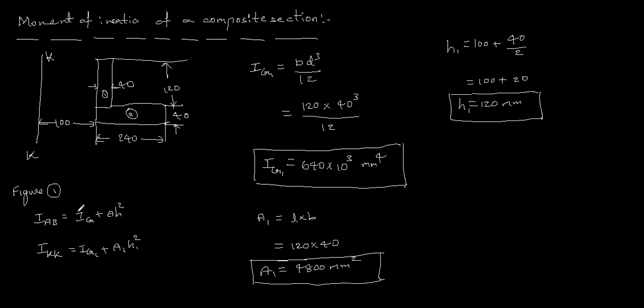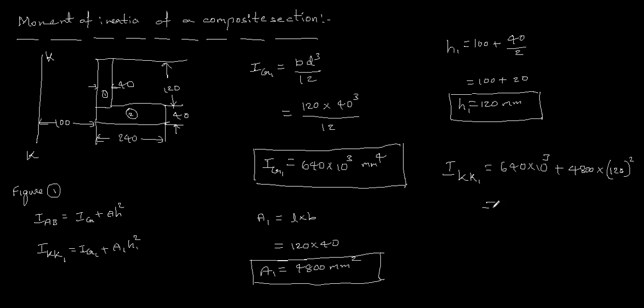Next, this is related to the first rectangle, so consider Ikk1. Similarly here we need to find out Ikk1. As per the formula, first we take Ig1, which is 640 into 10 power 3, plus the area 4800 into the perpendicular distance between the parallel axis and center of gravity, which is 120, whose square we need to take.